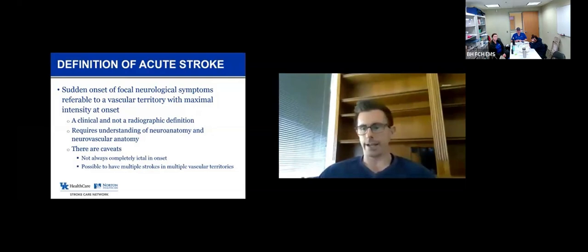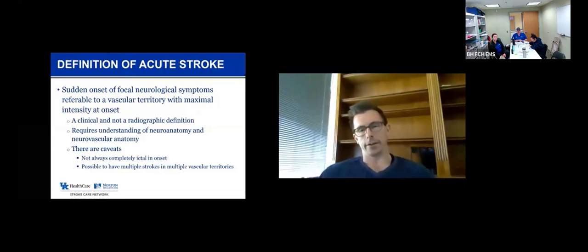To make the diagnosis correctly, you need to understand neuroanatomy, neurovascular anatomy. And then, like anything in neurology, there are caveats. Nothing's 100% true or false ever. Though we typically say strokes are ictal in onset or most severe at onset, that's not always true.